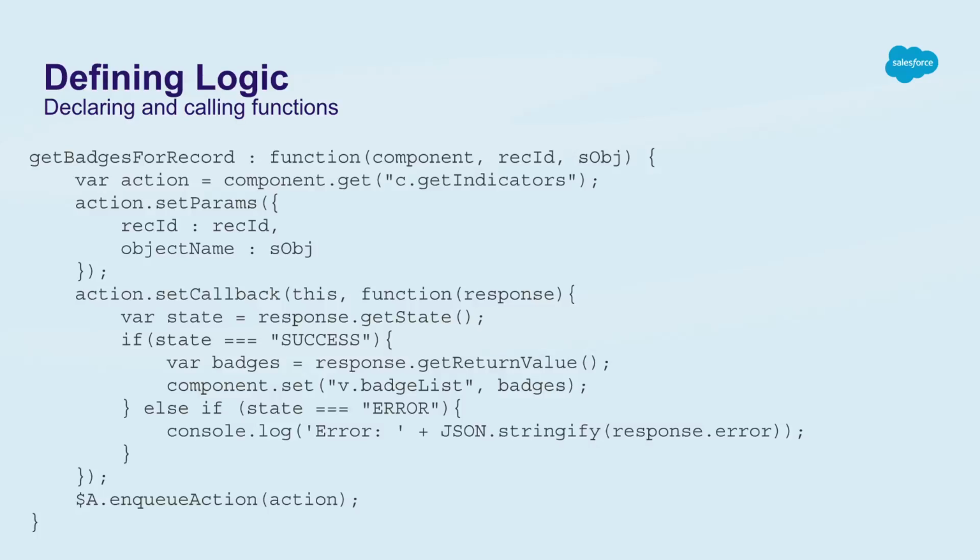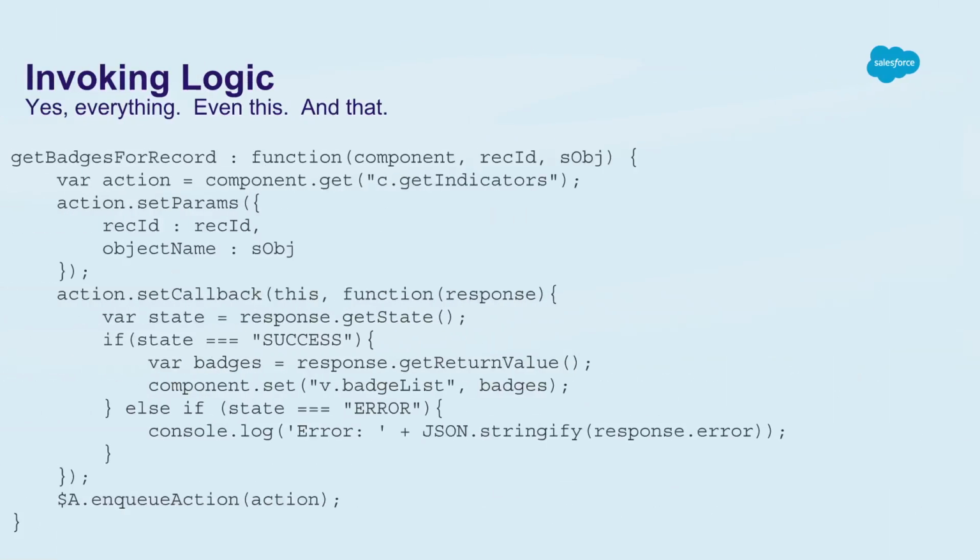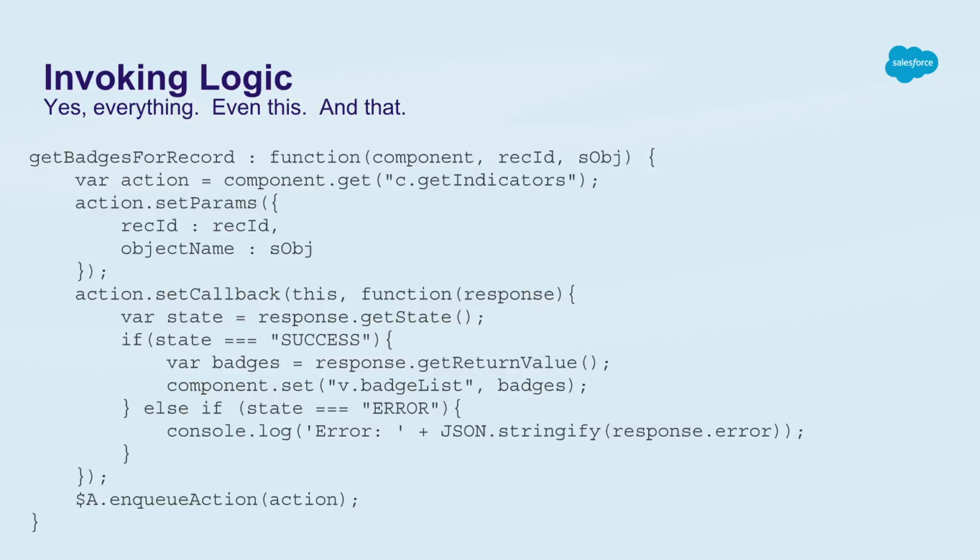So let's go and take a look at what that looks like. Actually, I think I'm going to do these two slides back to back. So I'll do defining and then invoking logic. And we can see on some other lines here, component is a parameter passed in, and then component.get, that's actually a method or a function of that particular object that we can then go and invoke. And in the context of Lightning components, you're always going to have some object that you're invoking the function from.